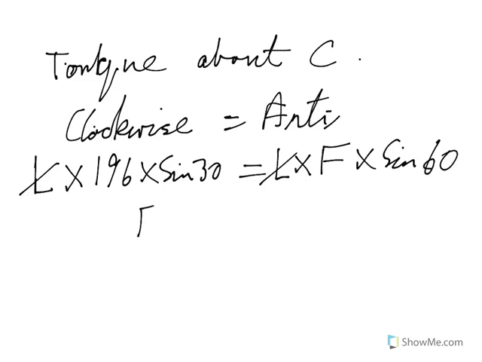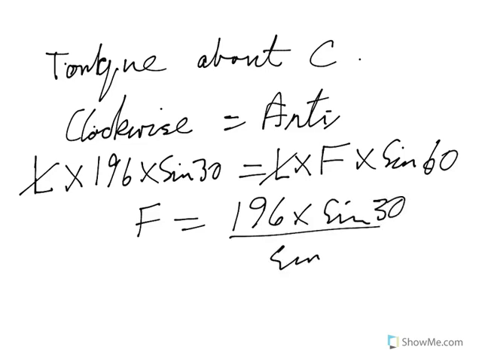So my force in the cable then will be 196 times sine 30 divided by sine 60. When we do all of that, we end up with 113 newtons. Now, of course, there were some decimal points there, but I just rounded it off to the 3.